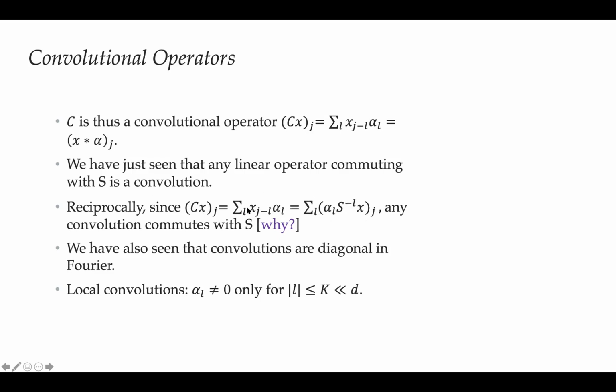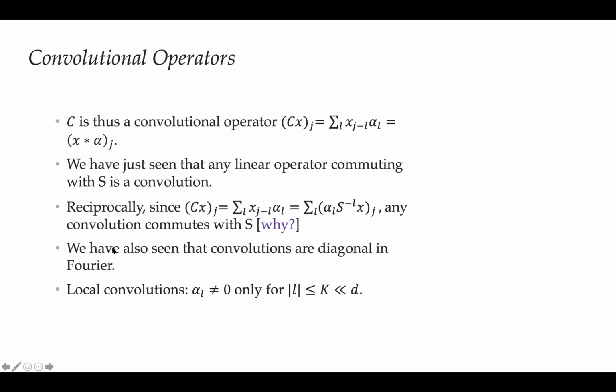That's the definition of a convolution. You can see this as a polynomial in the shift. So if I apply a shift to the left or to the right, I get the same thing, because polynomials commute. This is something you can try to formalize yourself.